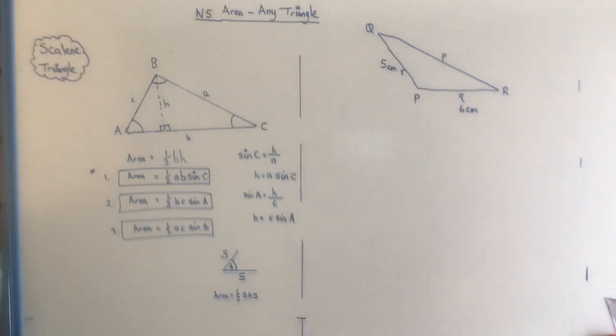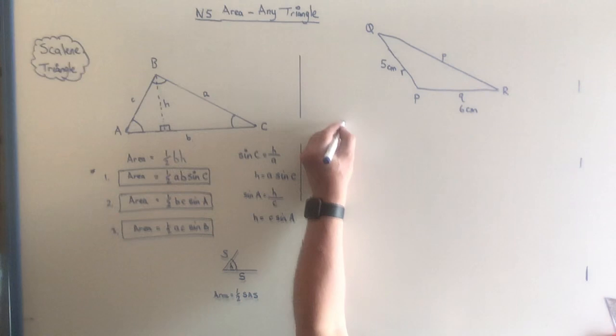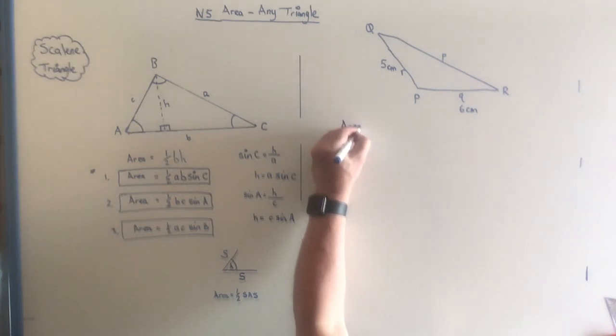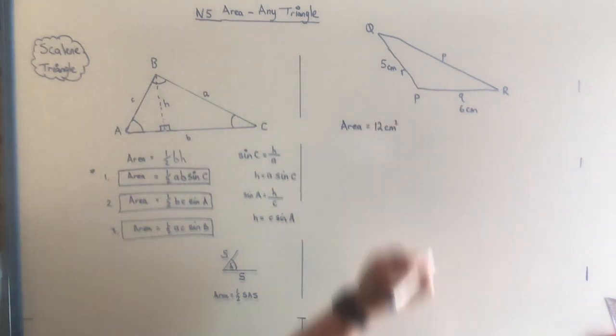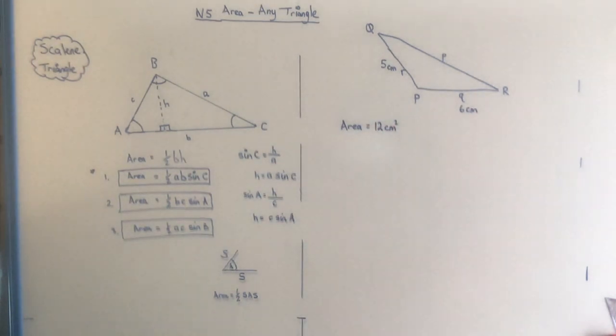And we're not given an angle, but we are given the area. Now the area of this triangle is 12 square centimetres. Okay, so that's what we're given. I'm not sure what past paper it is, I just have one in front of me, but I don't know what paper it actually is. And the question is, find the angle.